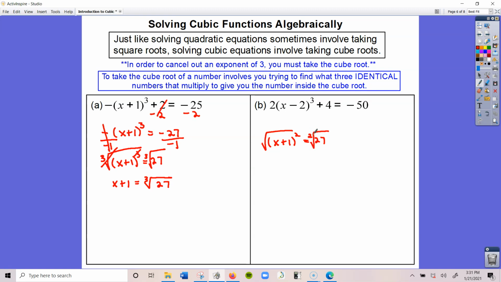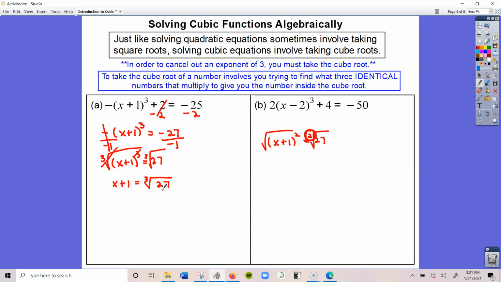And that's this little number here attached to the radical, called the index, which lets you know what kind of root it is. So if the index is 3, that means we need 3 identical numbers in order to remove it from the radical. Just like here, a square root, even though we don't see it, the index is 2, meaning we need 2 identical numbers to remove it from the radical.